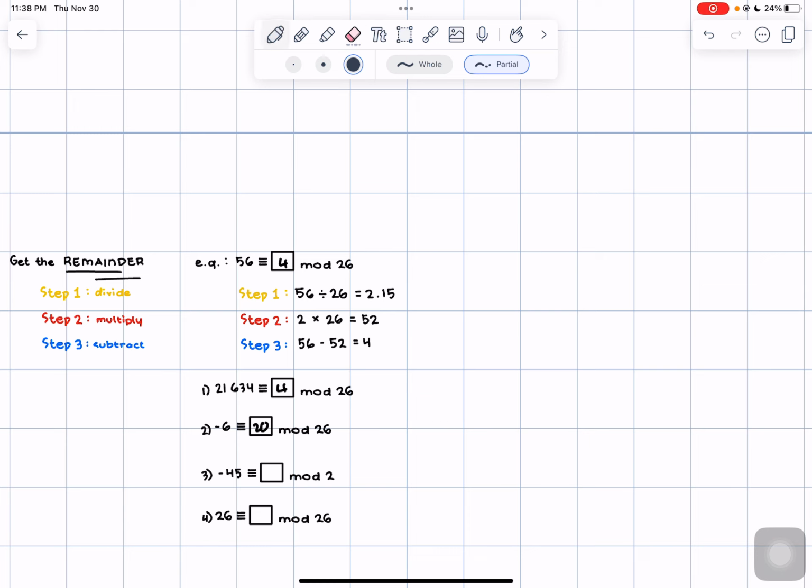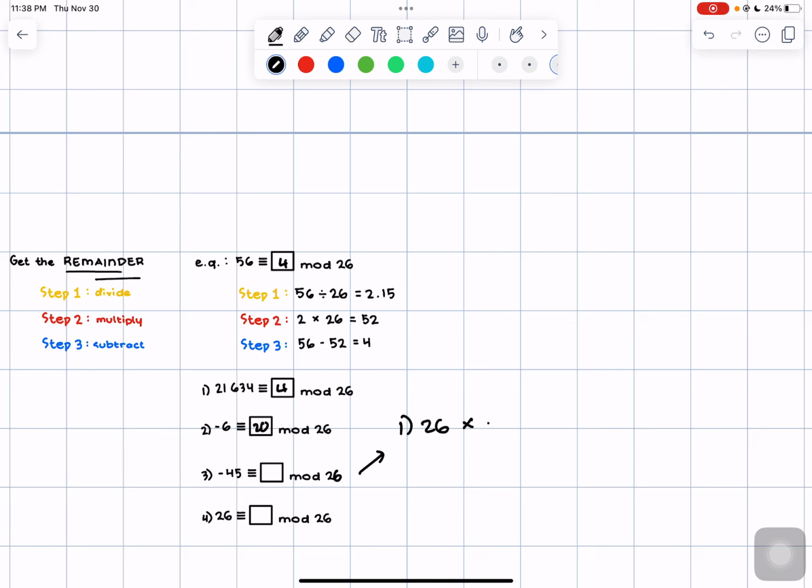But what if we have a negative number that's more than our modulo, which is 26? In solving negative numbers whose absolute value is greater than 26, we first have to multiply 26 by a number which can result in a product more than the absolute value of the negative number.